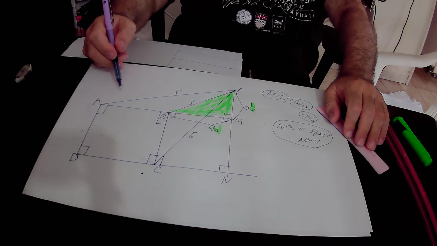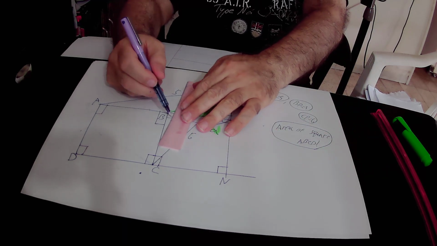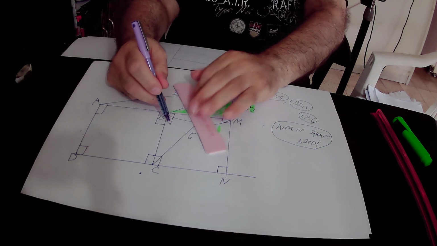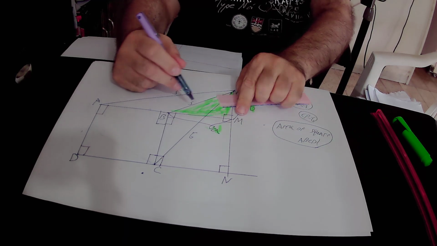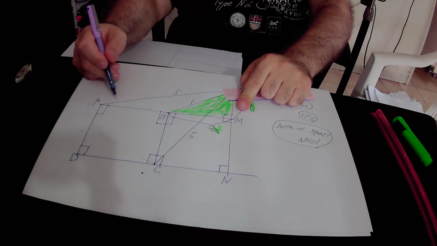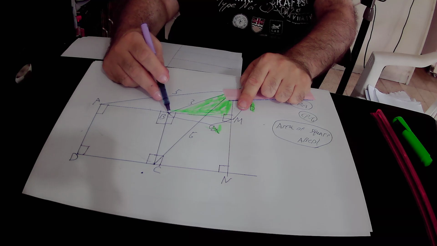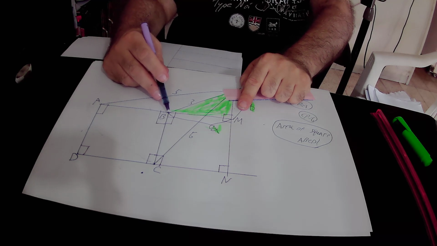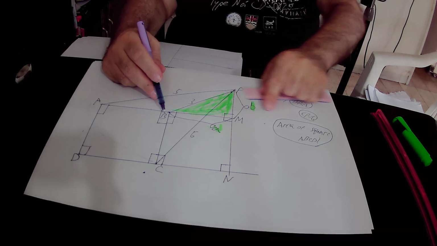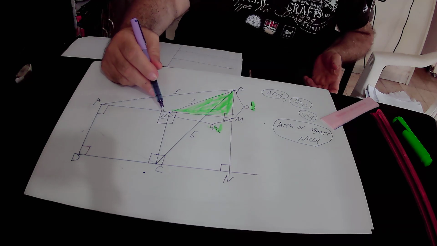So we focus on the lower side of line segment AM at point B. This angle equals 90 degrees, this angle equals 90 degrees, so the sum of those two angles is 90 degrees plus 90 degrees, it is 180 degrees.